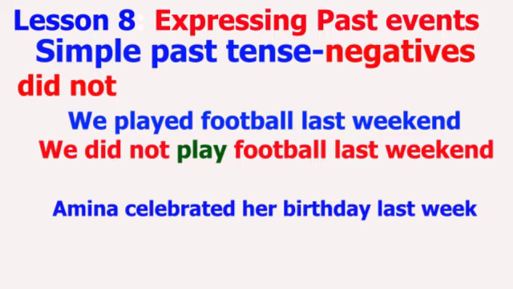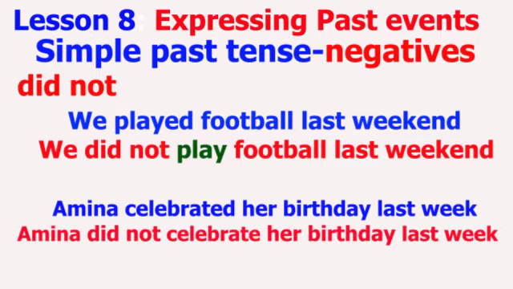To form that sentence negative, we are going to add did not, as we have said. So the sentence will be: Amina did not celebrate her birthday last weekend. Remember that it is not allowed to say Amina did not celebrated. Okay, we are not adding ed over there.